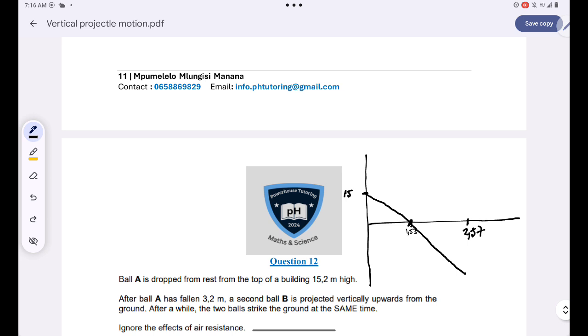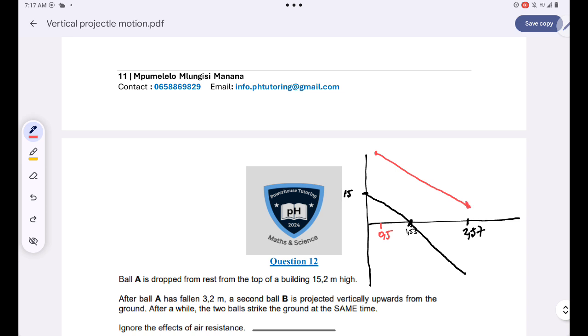Okay, and then for the ball, it was projected 0.5 seconds later, at a speed of 40 meters per second. So 40 is somewhere there. So the ball will be like this.